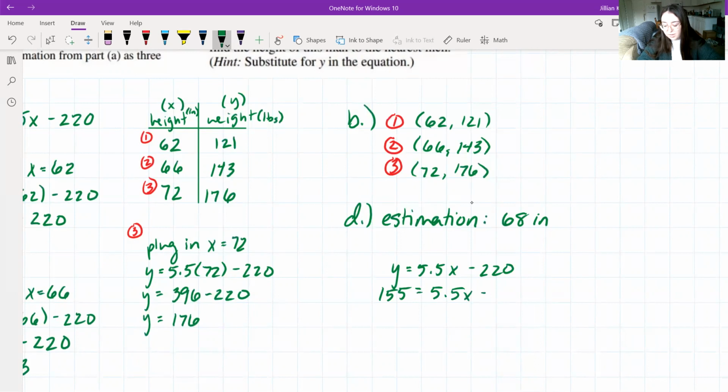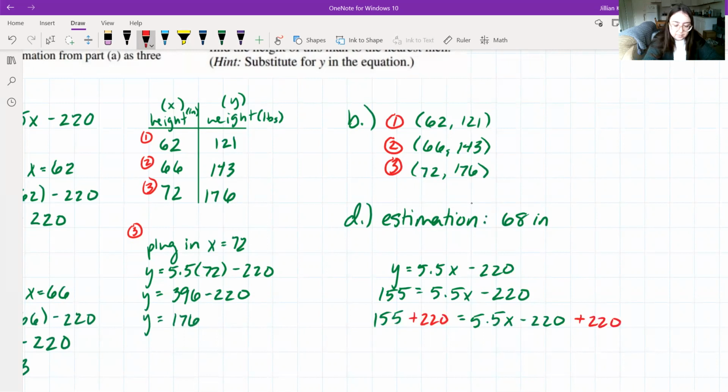Then we have 155 equals 5.5x minus 220. And now we're going to solve for x. So we're going to add 220 to both sides. So we have 155 plus 220 is equal to 5.5x minus 220 plus 220.